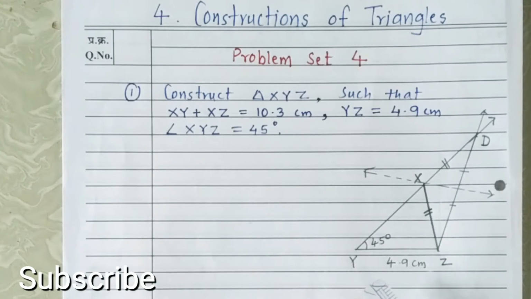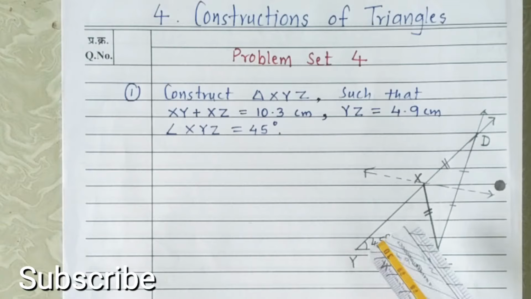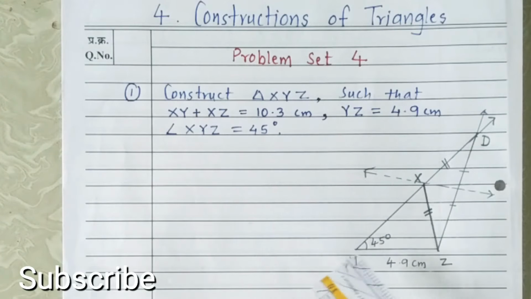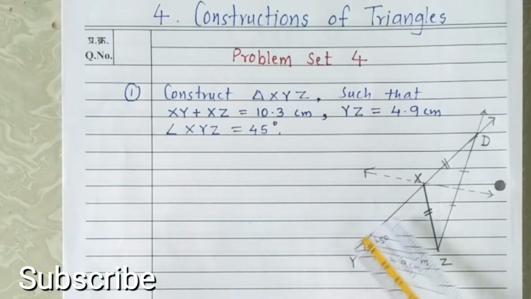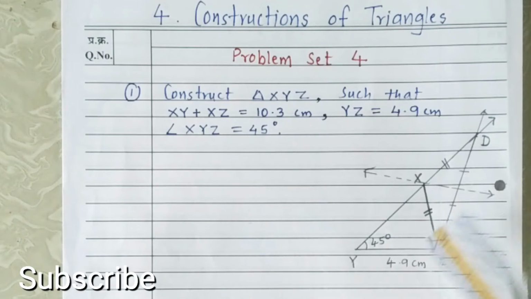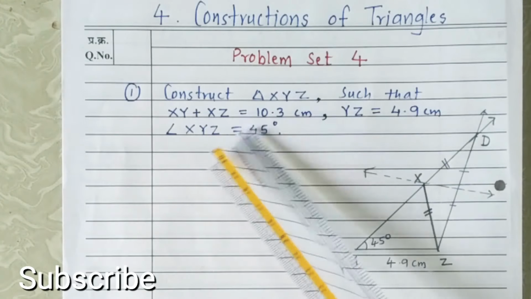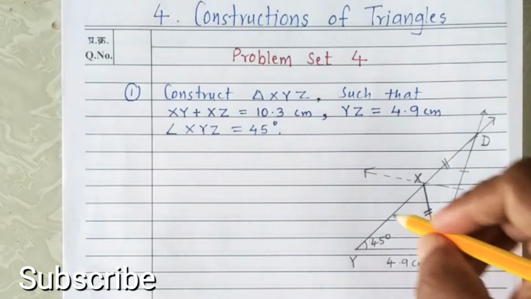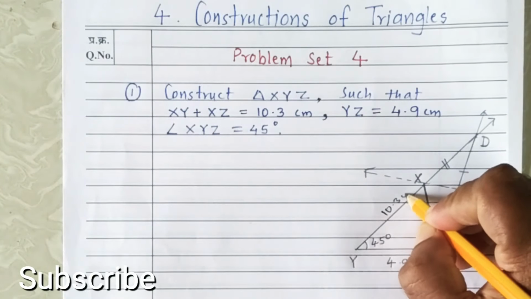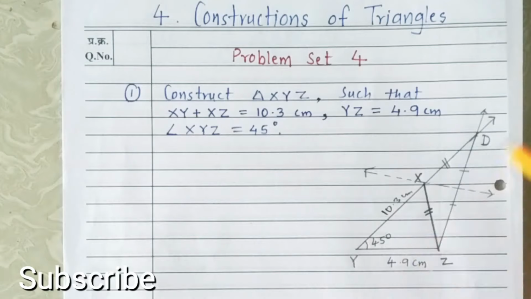So first draw the rough figure. Draw the base YZ of 4.9 centimeter. Then angle of 45 degree at Y. Then take the distance equal to 10.3 in the compass and draw the arc of 10.3 on the ray YD and get the point D. Then join DZ.